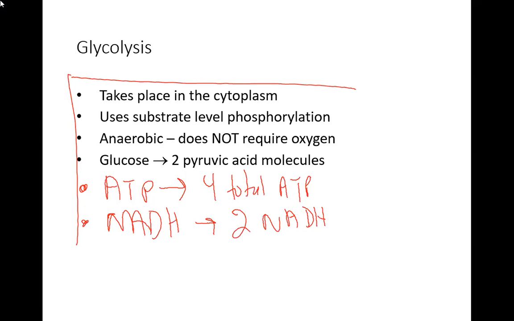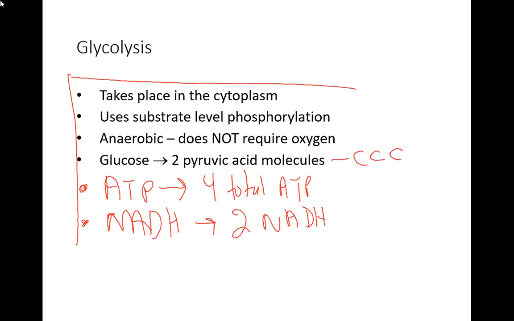This is everything you need to remember about glycolysis. It takes place in the cytoplasm. It's substrate level phosphorylation. It does not require oxygen. It produces 2 pyruvic acid molecules. It gives you 4 ATP and it gives you 2 NADHs. Now, pyruvic acid looks like this.